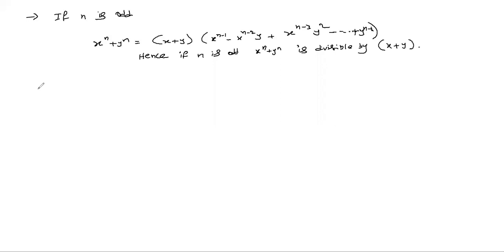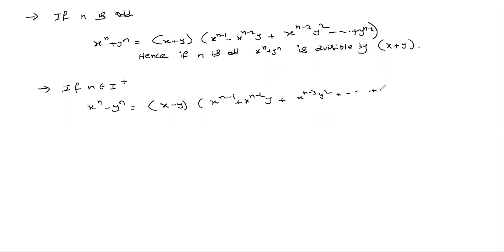And moreover, if n is a positive integer, x power n minus y power n, we can write this as x minus y into x power n minus 1 plus x power n minus 2 y plus x power n minus 3 y square plus and so on plus y power n minus 1.